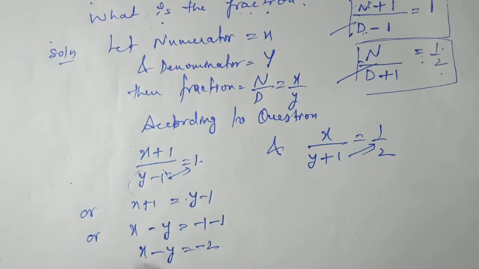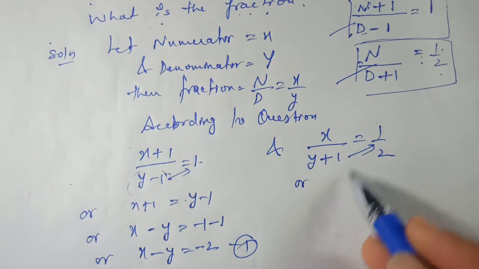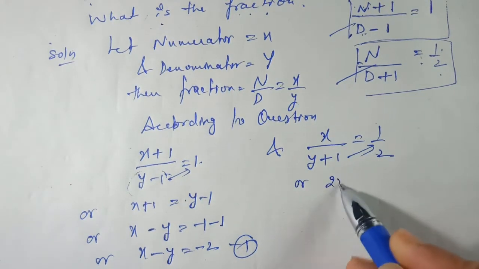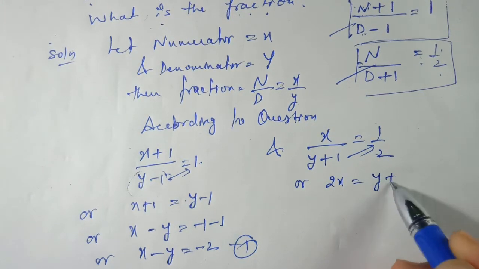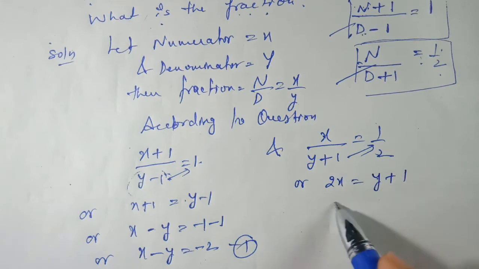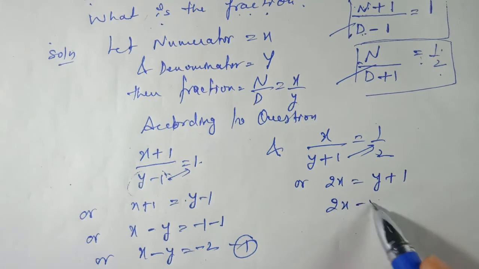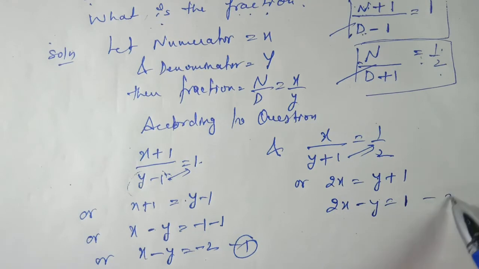So this is the first equation. Over here 2 will multiply with x, this is y plus 1, take y to the other side, 2x minus y equal to 1. This is the second equation.